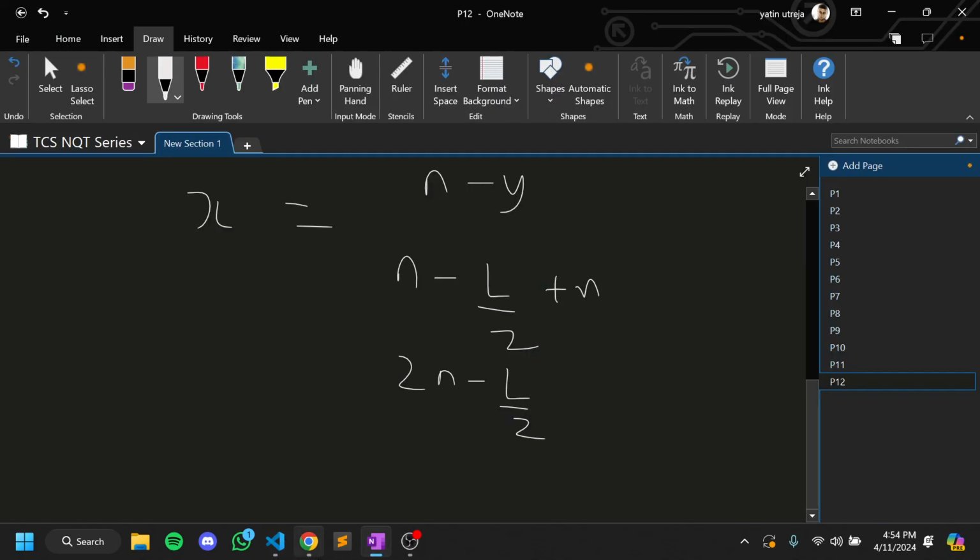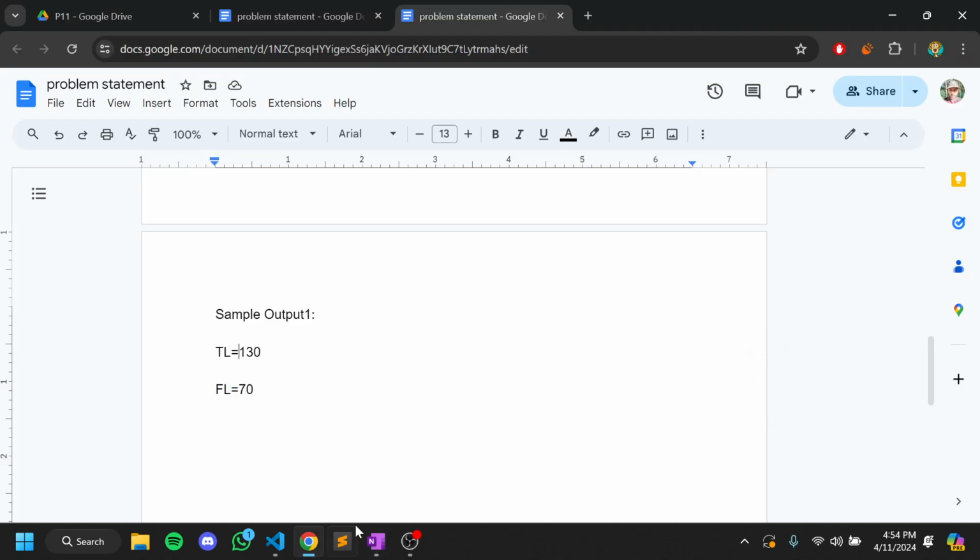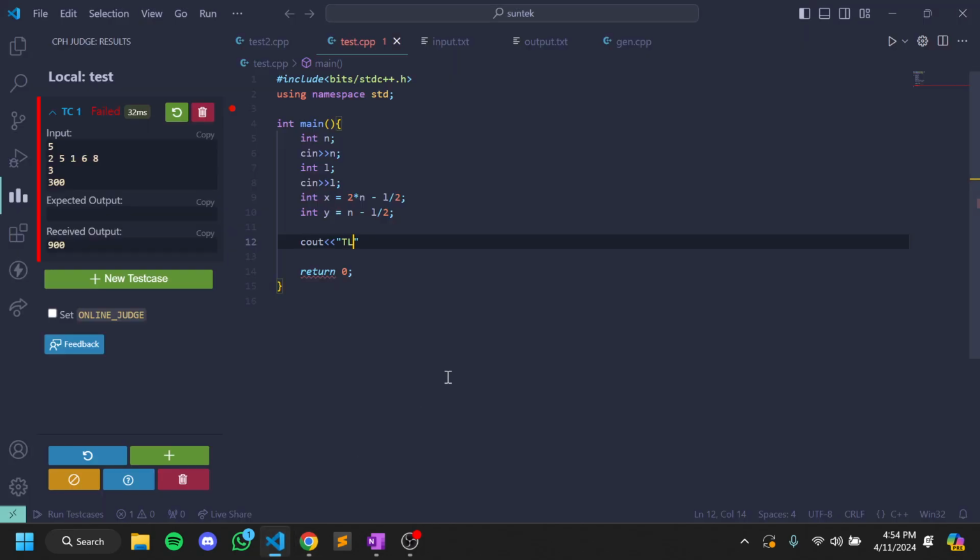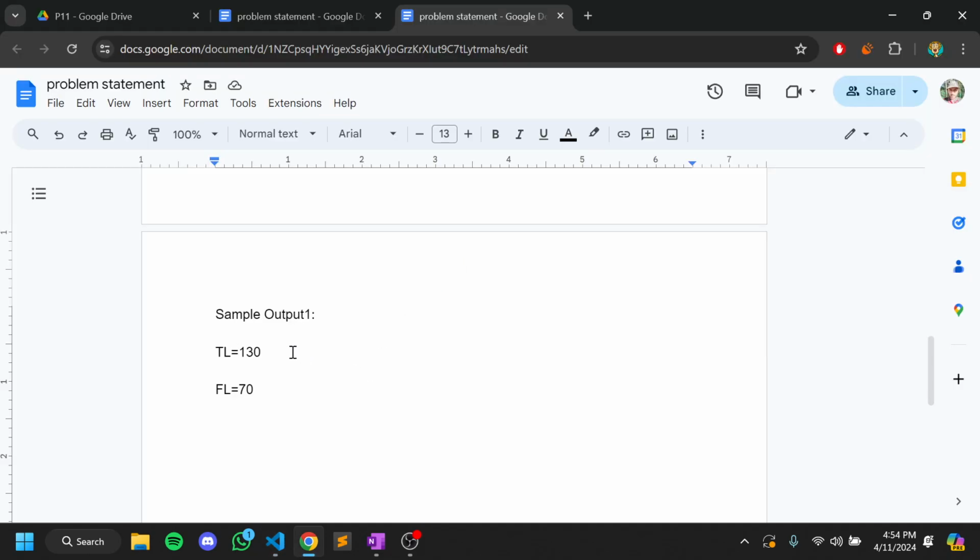Let's see the input format again. There are no spaces, I guess. Yeah, there are no spaces. Then TL equals x, and in the next line we print FL, four-legged animals, equals y. And yeah, this sums up the problem.